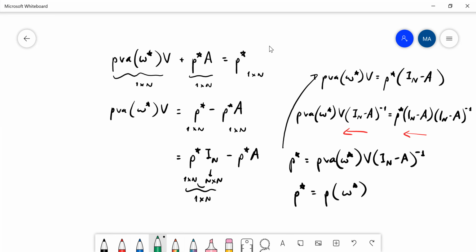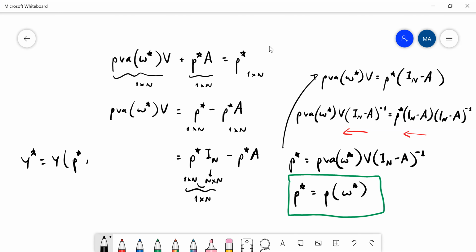So I have this, and I have also y star equals y(p star, omega star) from the earlier derivation. Then now I can mix it all up.